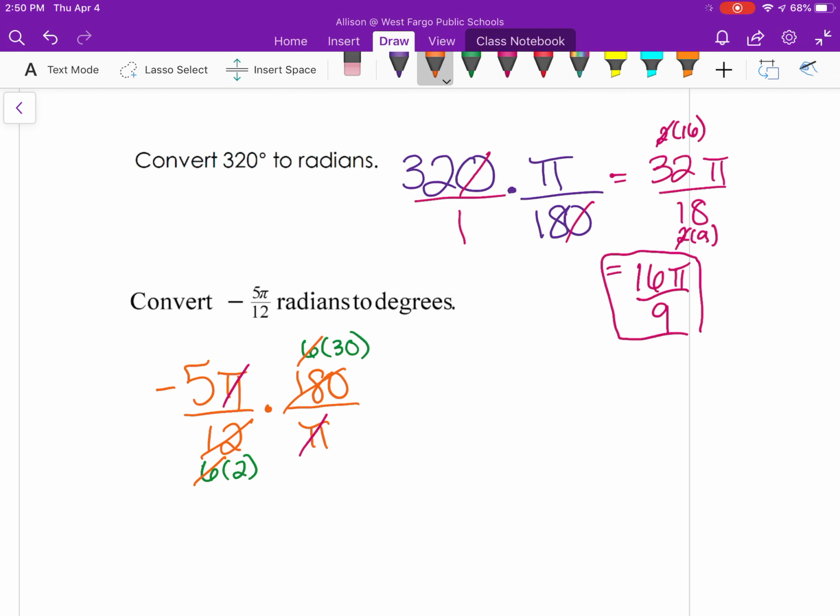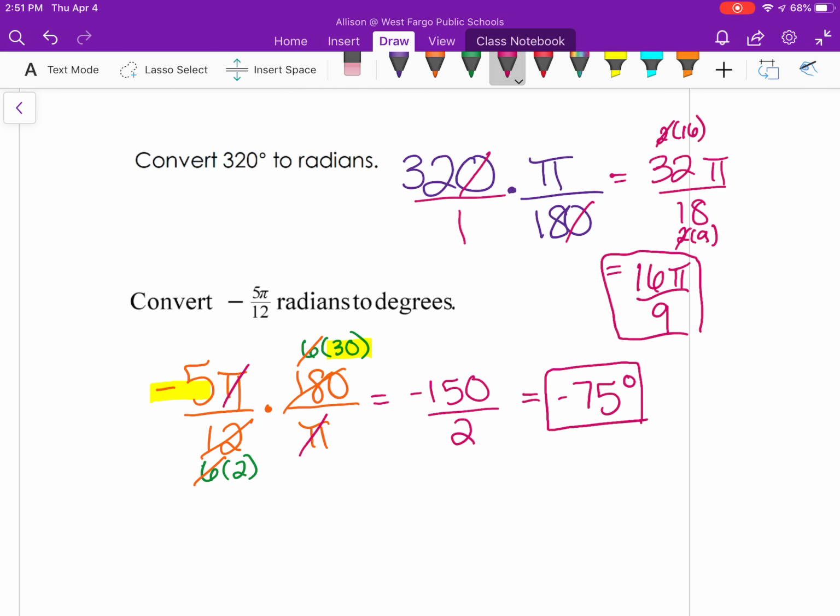You could reduce that again, or here you can multiply across now. Negative 5 times 30 is, negative 5 times 3 is negative 15, so add a 0. And then on the bottom we have 2, and negative 150 divided by 2 would be negative 75.